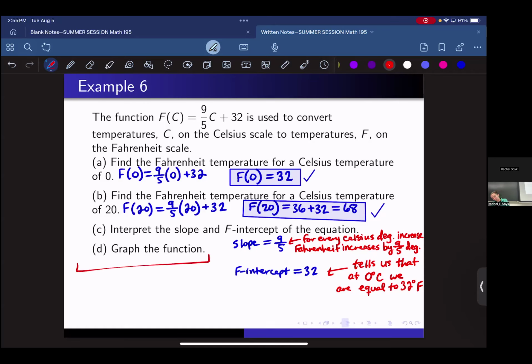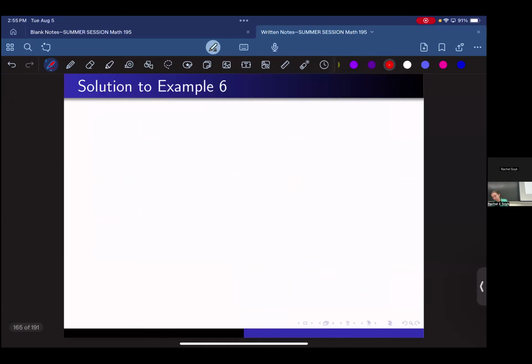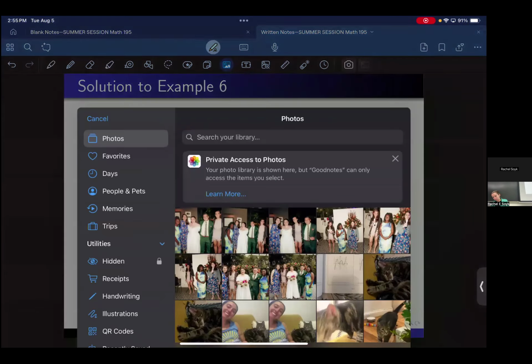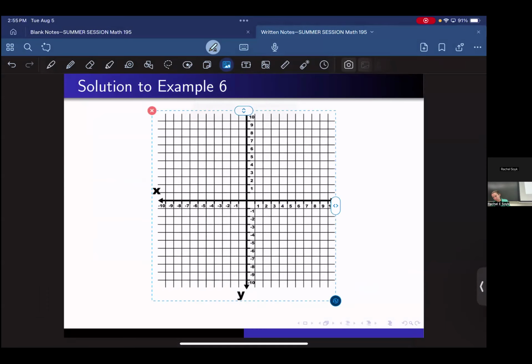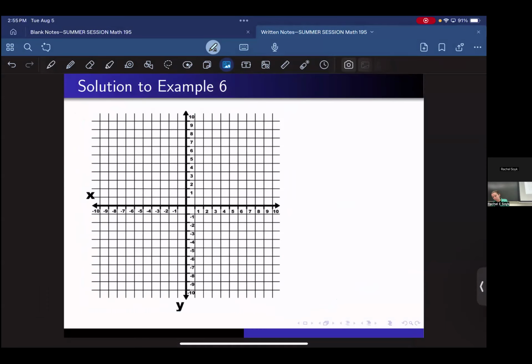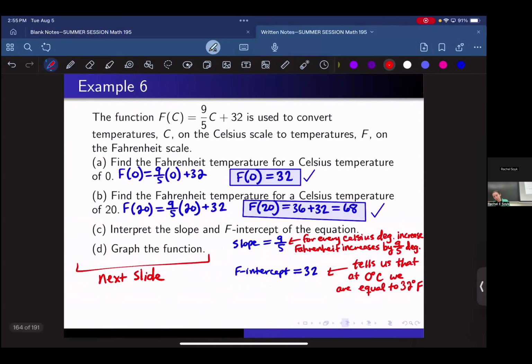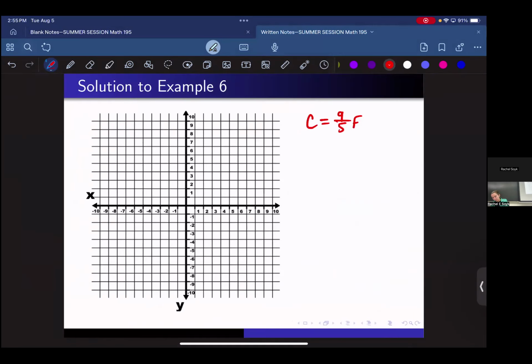So again, F of C equals 9 fifths C plus 32.